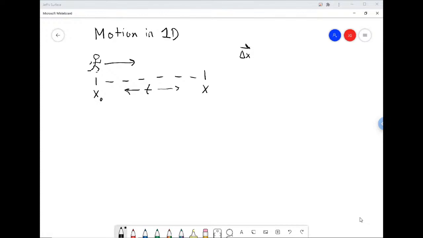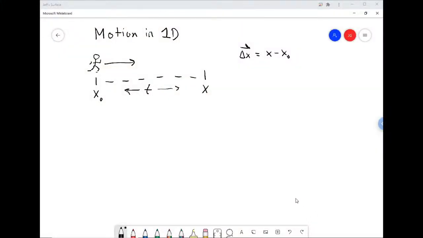We'll call that delta x, final minus initial. I'm going to write a lot of equations down in the next 20 minutes, and I don't want you to forget that a lot of these quantities are vector quantities. They have magnitude and direction, but I'm not going to put the little arrow over all of the symbols, just for simplicity.